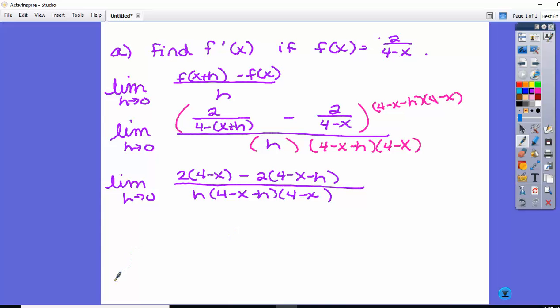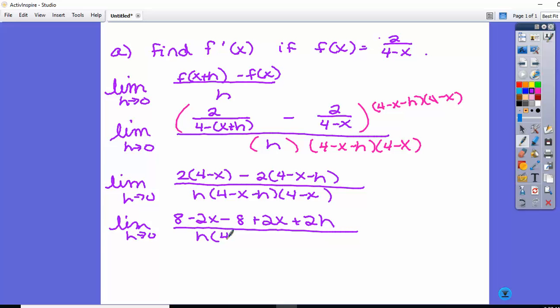Now what? So we get 8 minus 2x minus 8 plus 2x plus 2h over h times the 4 minus x minus h and 4 minus x. And then I can see my 8's drop, my 2x drops.